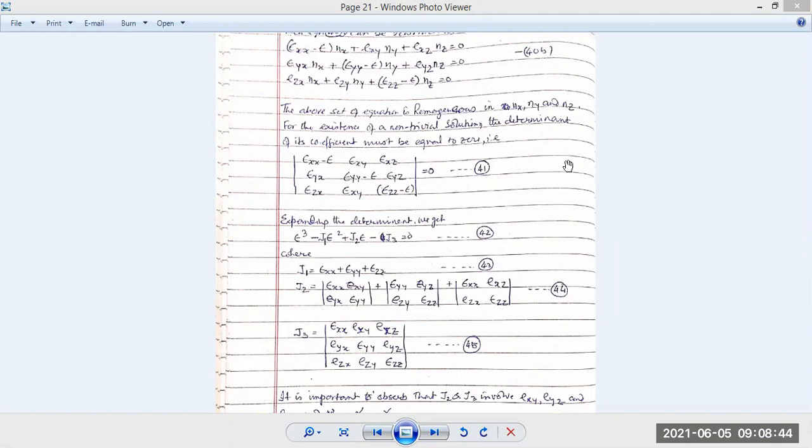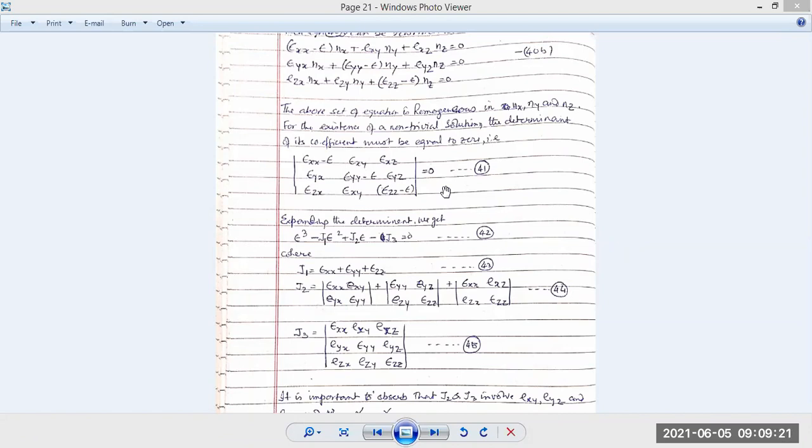So expanding the determinant with the coefficients of nx, ny, and nz, we put it equal to 0 to find the non-trivial solution of nx, ny, and nz. We have discussed that the trivial solution, meaning an insignificant solution, is that they are all equal to 0.